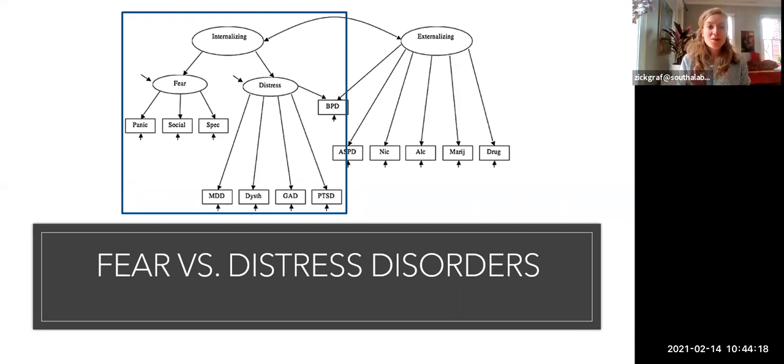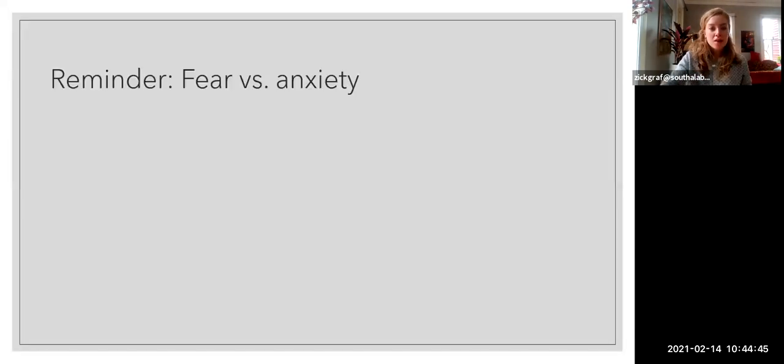We've already made a distinction between fear and anxiety. Today, we're going to be talking about another distinction, another physiological, cognitive, emotional process, worry. But the disorder that we're going to talk about today, generalized anxiety disorder, although it is an internalizing disorder, and although we classify it as an anxiety disorder, when we look at the disorders whose symptoms most often co-occur with and most often resemble the symptoms of GAD, these are disorders that are characterized not by fear, but by distress.